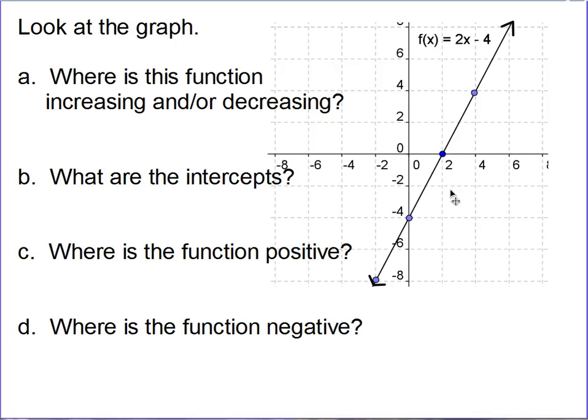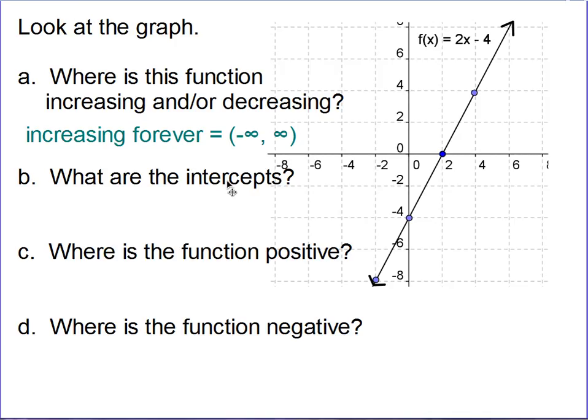Since this graph always has a positive slope, it's never decreasing, but it's increasing forever, right? How far to the left does forever go, and how far to the right does forever go? Well, that would be from negative infinity to positive infinity. Those are our left and right boundaries. So if it's always increasing, we use the interval negative infinity to infinity.